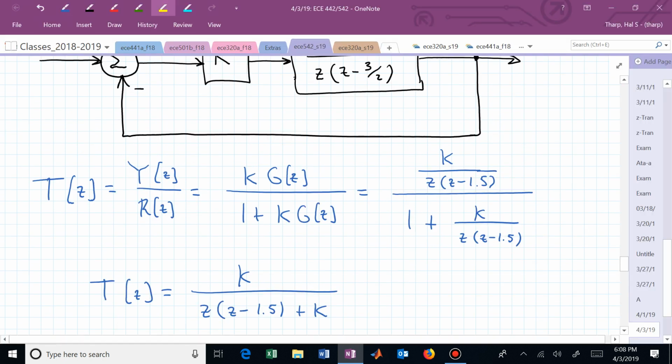Is it clear what I'm talking about? I'm talking about really the numerator that you find when you put the denominator over a common denominator. So you put that over a common denominator and you look at the numerator, and that's what ends up being that expression: z times z minus 1.5 plus k.